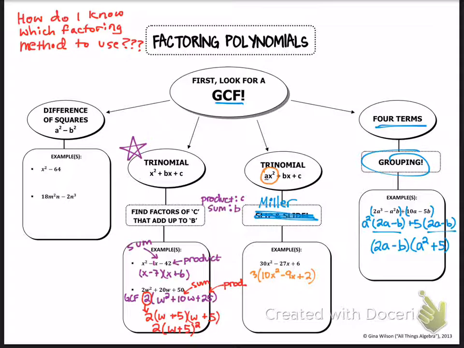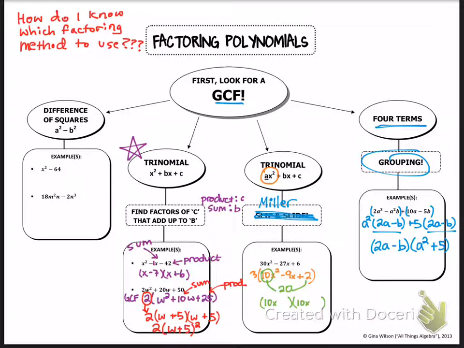Multiply A and C here, and I get 20. I'm going to have my binomials, and in the Miller method, I'm taking this 10x and bringing it here and here. So 10x and 10x. Again, some of you might be saying, wait, 10x times 10x is 100x squared. I know. It'll work out in a little bit.